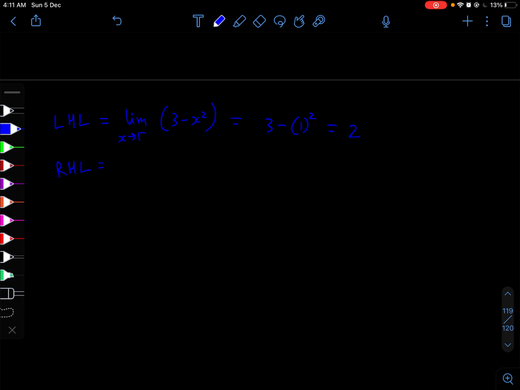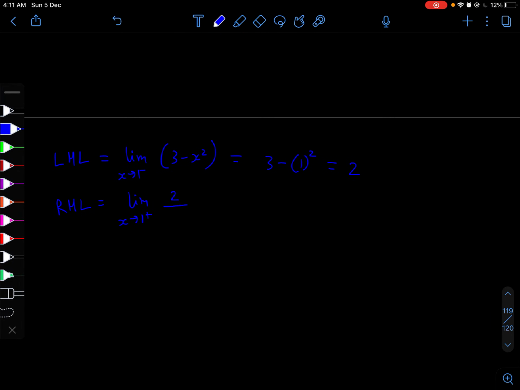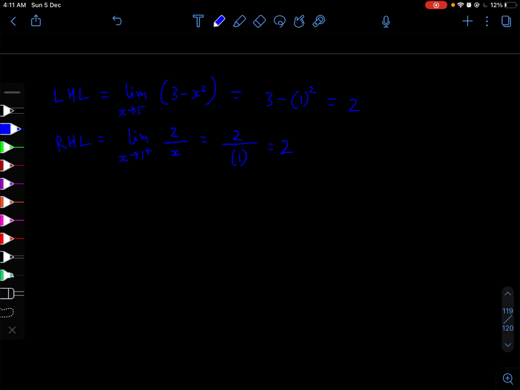The right hand limit is equal to the limit as x tends to 1 plus of 2 divided by x, and even here we can just substitute the value of x, and that would also give us 2.